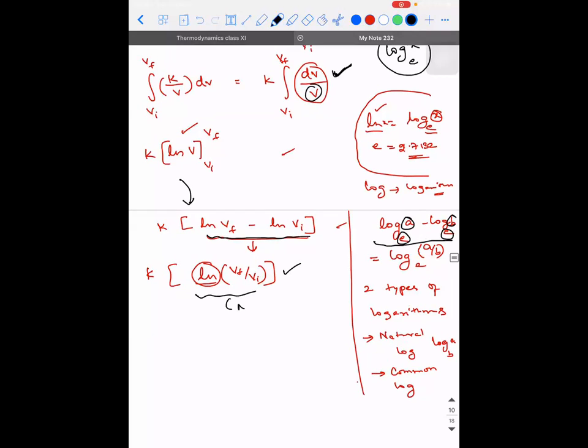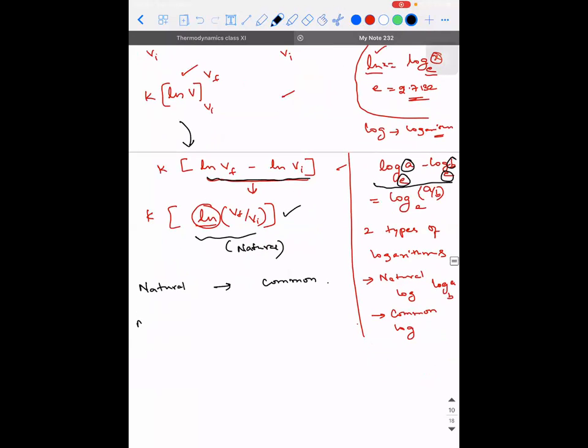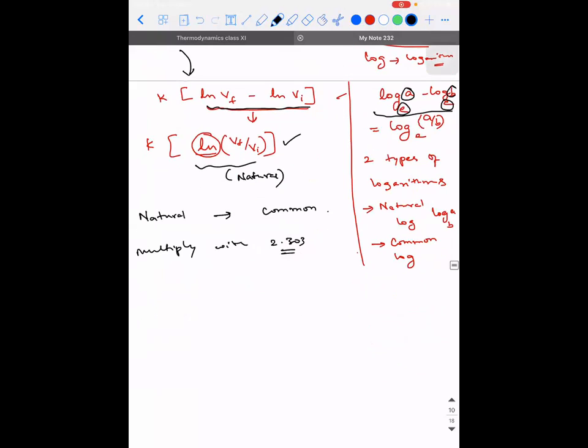It is natural. So to convert natural to common, multiply with 2.303. That is k into 2.303 into log of Vf by Vi base 10.